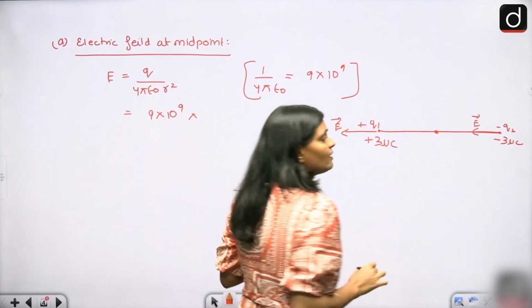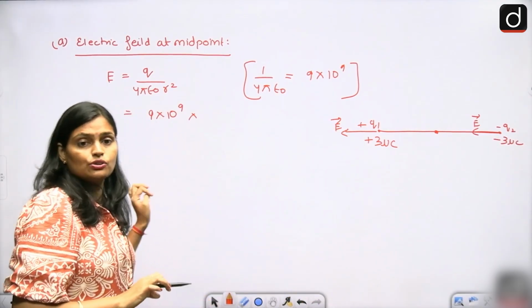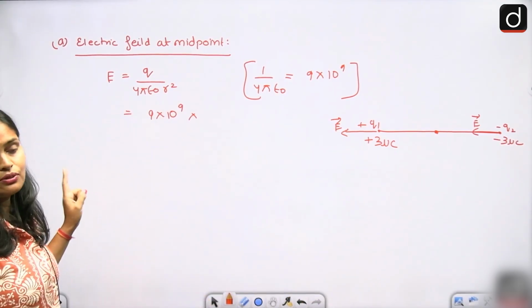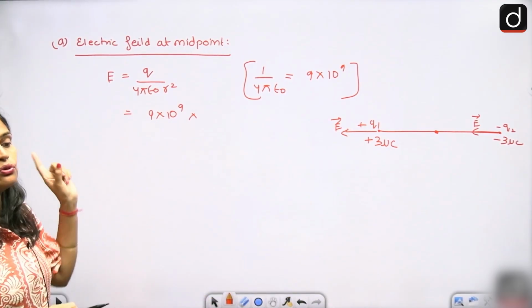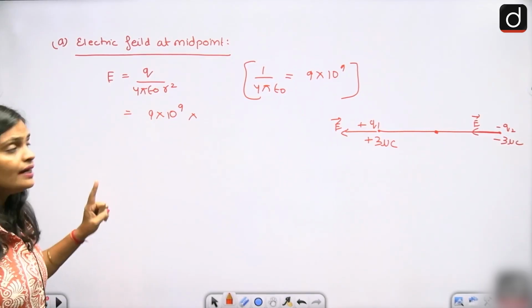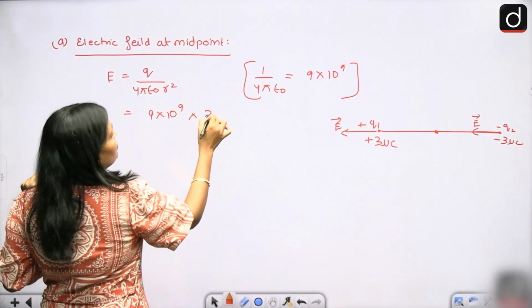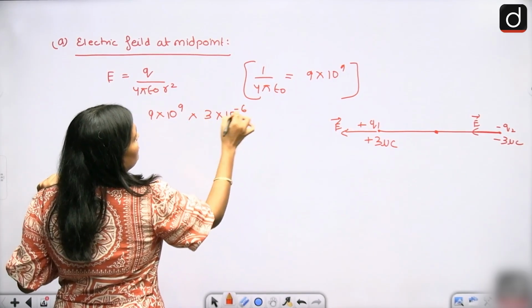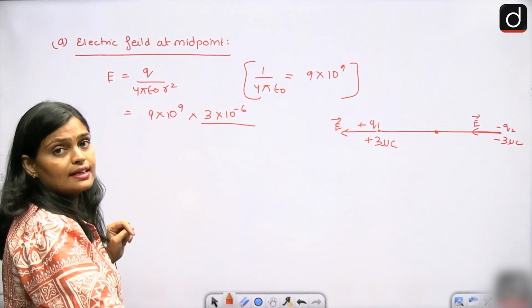First just calculate due to one charge. Take Q equal to 3 into 10 to the power minus 6.